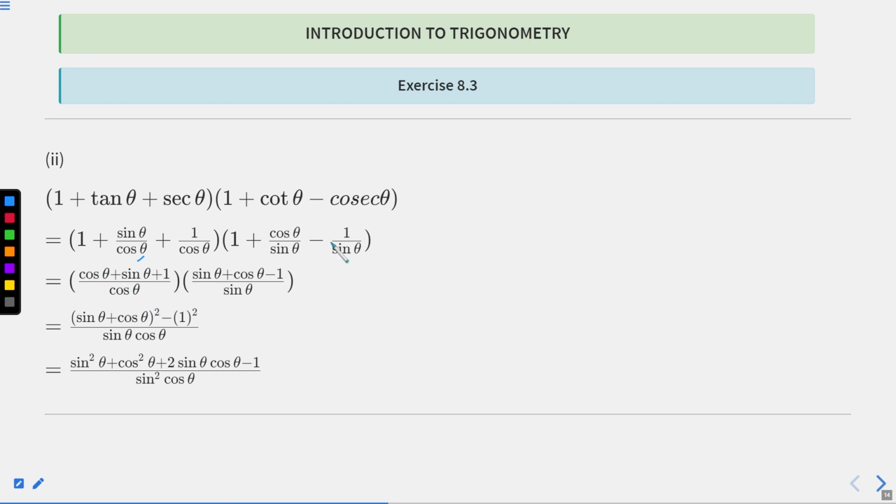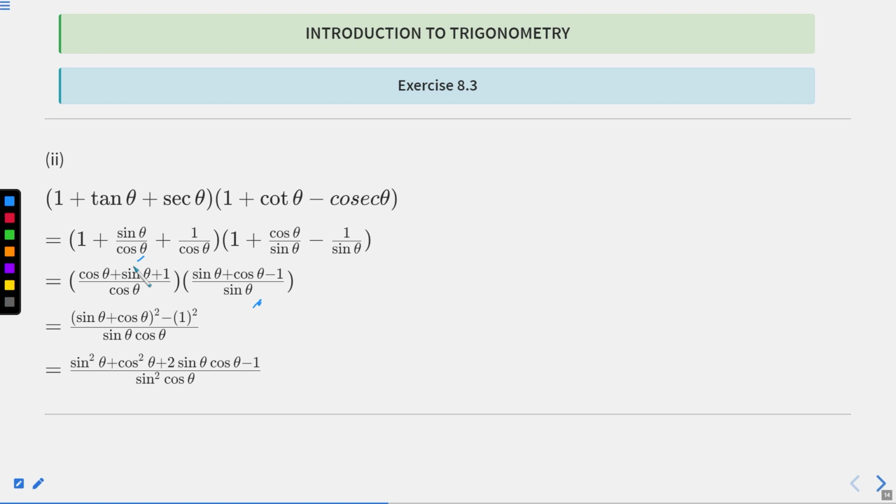And for the second term we can take LCM sin theta. So here we get sin theta plus cos theta minus 1 divided by sin theta. And this is equal to sin theta plus cos theta whole square minus 1 square divided by sin theta into cos theta. Why? Because you can think of these two terms as a plus b into a minus b, which is equal to a square minus b square.